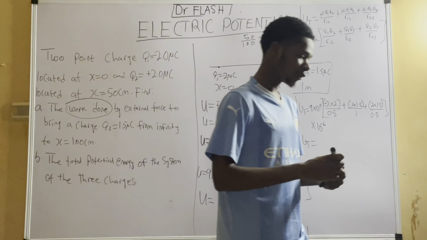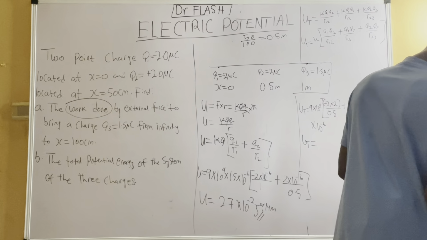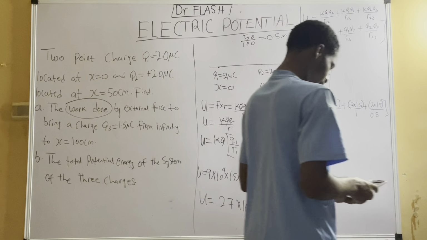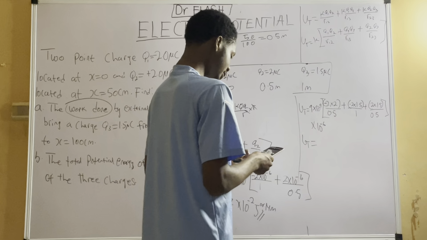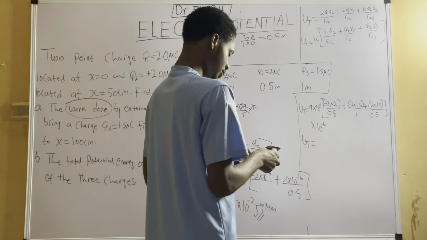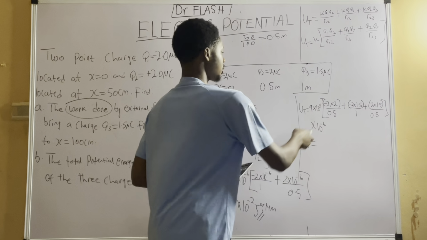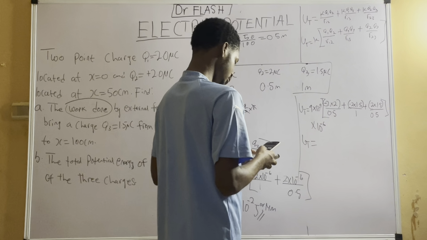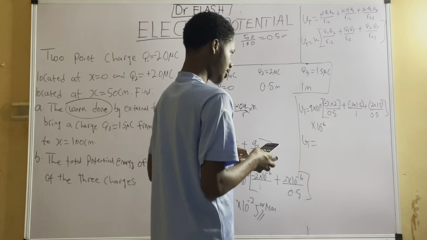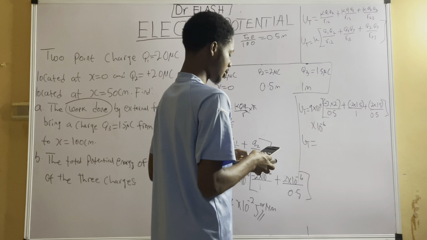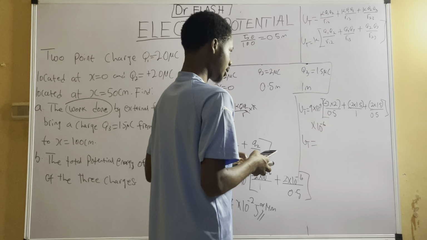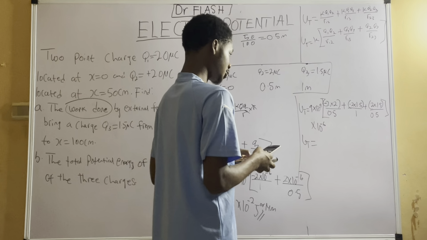Now to do that, we're going to make use of our calculator again. This is 9 times 10 to the power of 9, in brackets minus 8, minus 3, and then 4 times 1.5, that should be 6.